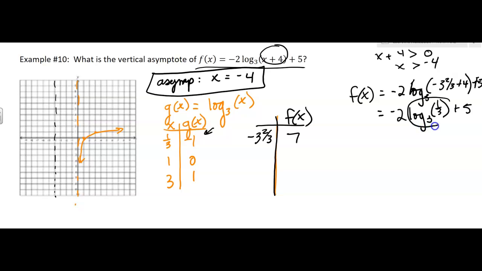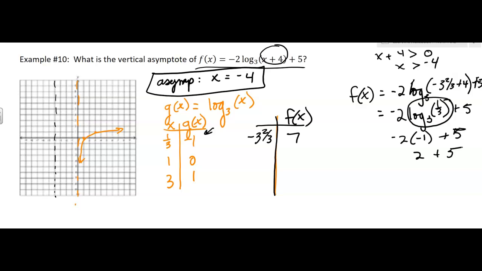Now we know this part from the parent function is negative 1. And then you get 2 plus 5, and that's where the 7 came from.